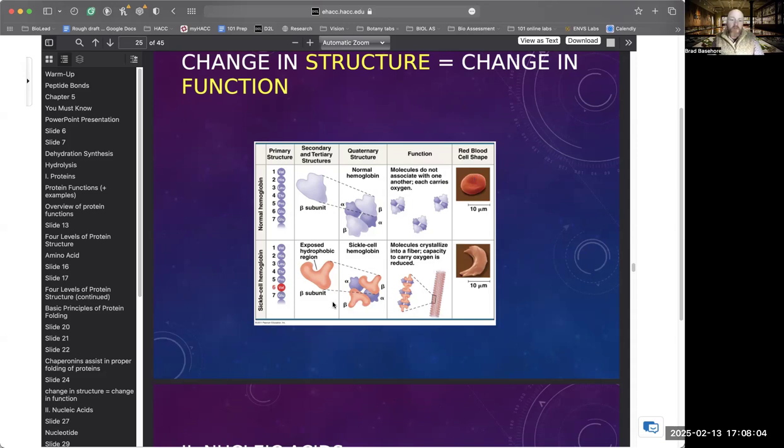If you are a person who has a mutation on a gene, specifically here, the number 6 amino acid was a glutamine and now it's a valine. So there would be a mutation on the gene that would lead to this substitution.